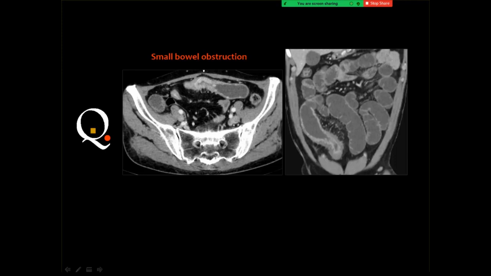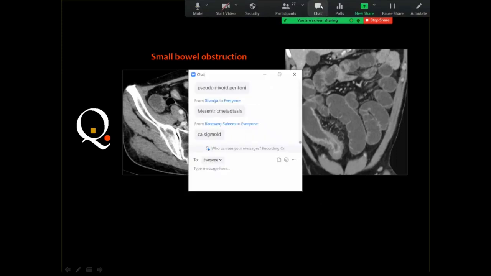The next case is a patient with a small bowel obstruction. You can see the obstruction in the coronal film, and also you can see the cause in the axial image. This is not the sigmoid, this is a small bowel.